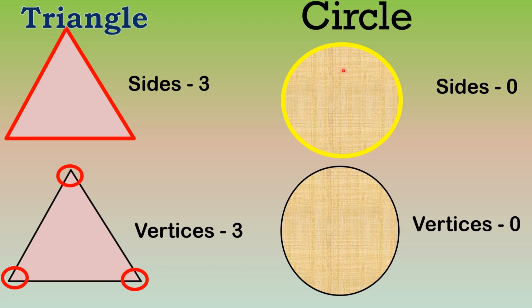Now let us find out sides and corners of this plane figure. This circle has no sides because there is no straight line in this circle. And it has no corners. Hence, circle has no sides and no vertices.